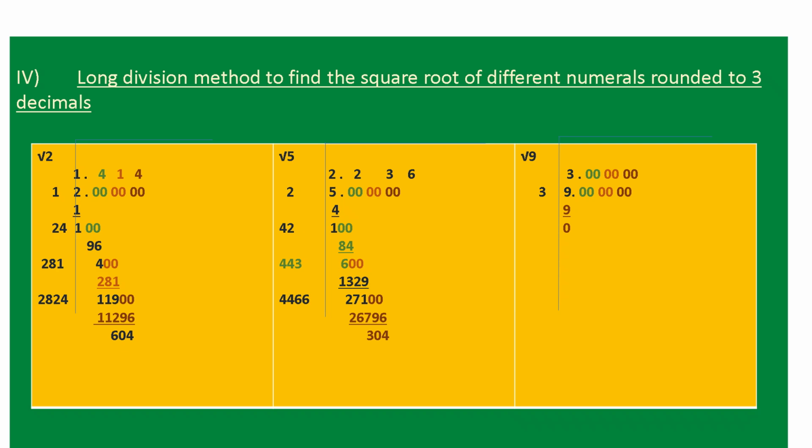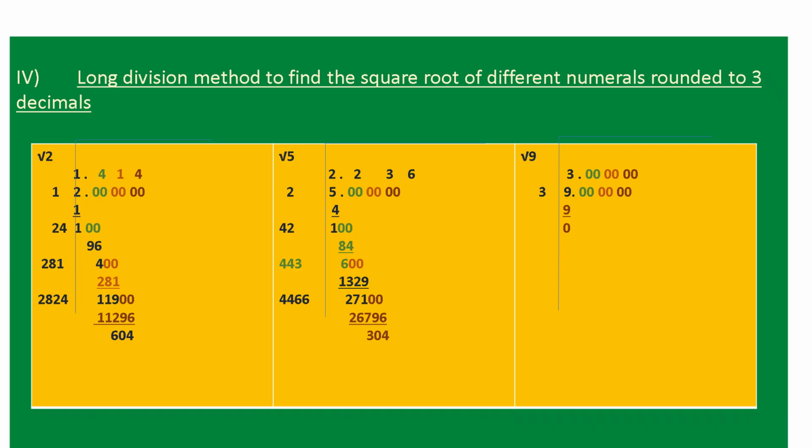I will consider the quotient 1 in this case. This 1, I will multiply by 2 to get 2. But how do I get 24? I will choose the number in the units place, and the same number will follow in the quotient, so that the product of 24 with 4 gives a number which is less than 100. So I am choosing 24 multiplied by 4, which gives 96.